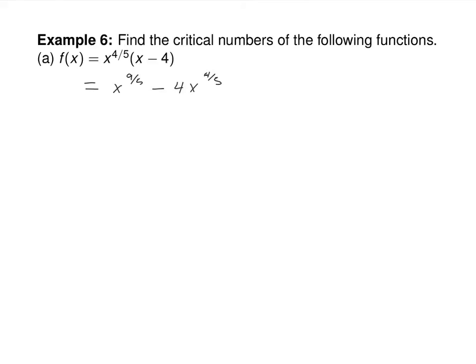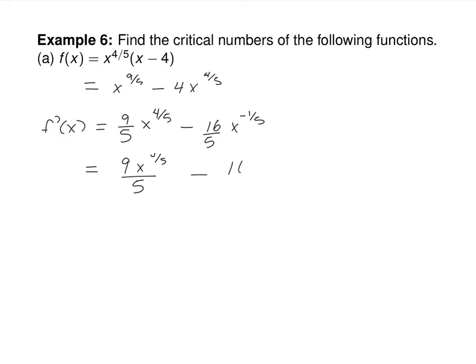This will be the first example where we have a derivative being undefined. Okay, so f prime of x is 9/5 x to the new power of 4/5, lovely, minus 16/5 x to the new power of -1/5, or 9x to the 4/5 over 5 minus 16 over 5x to the 1/5.